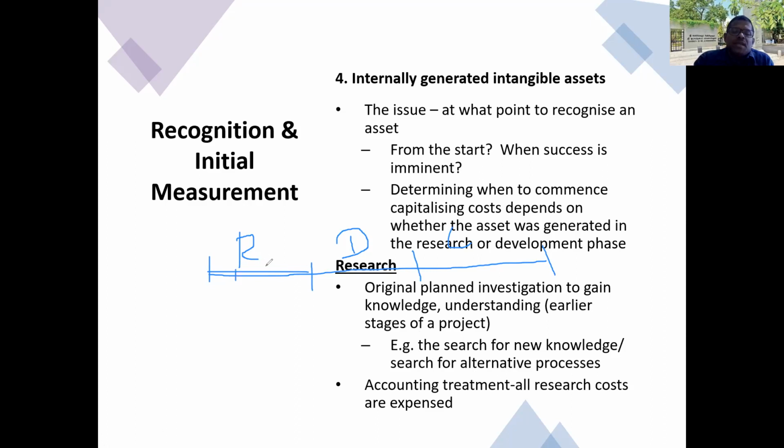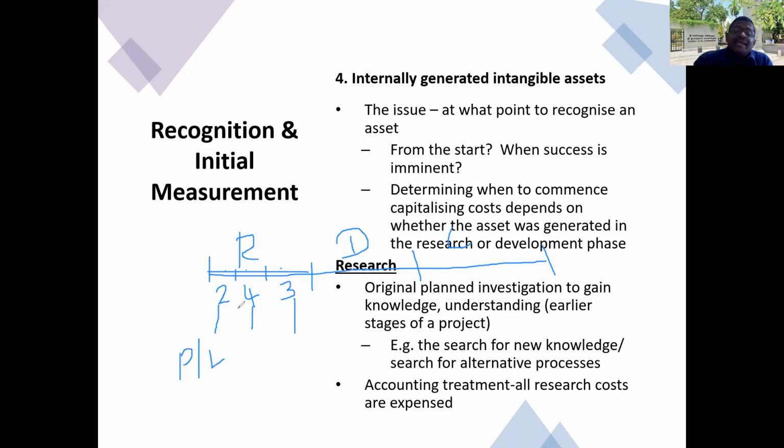maybe you spend research 3 years. So if 3 years, here 2 million, here 4 million, here again 3 million, year 1, year 2, year 3, whatever the cost you incurred under the research when you are trying to develop the internal intangible by performing a research, all these items go to P&L, not the balance sheet.